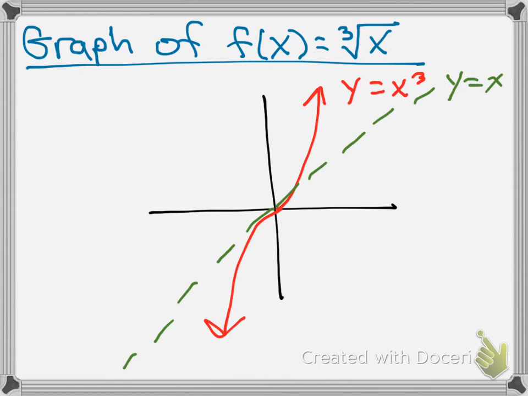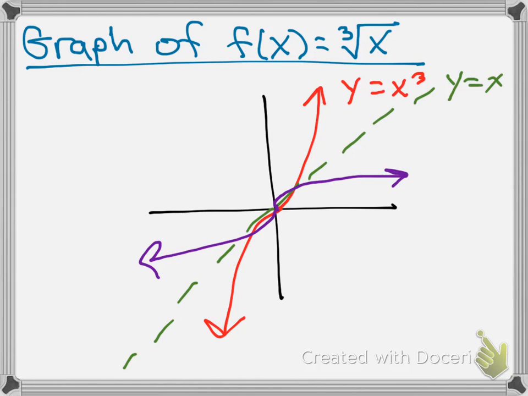So that means that if we take our branch from the origin up and we reflect that over our line y equals x, we'll get something that looks like this, and that branch should look very similar to the square root function. And then if we graph the reflection of our lower branch over this line y equals x, we'll get something that looks a bit like that.